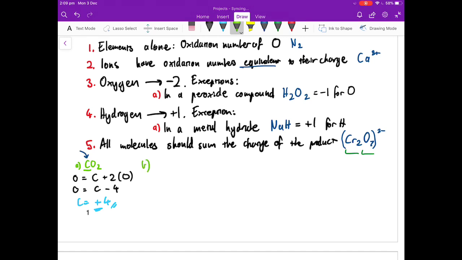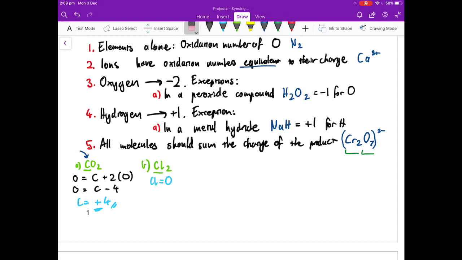Now let's do another example. Cl2. And we're trying to work out the oxidation number of Cl. This is quite an easy one, as we can see that it's chlorine on its own. It's an element alone. So according to rule 1, Cl is going to have an oxidation number of 0 in this case. As we know, according to rule 5 again, it would have had a total charge of 0, and Cl is going to be 0, so it would have just been 0 equals 0.